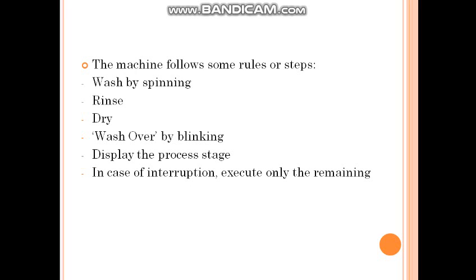The machine follows some rules and some tasks. That is, wash by spinning, then dry, wash over by blinking, display the process stage. In case of interruption, execute only the remaining. These are the sets of instructions, the proper steps, which are to be programmed in the washing machine.